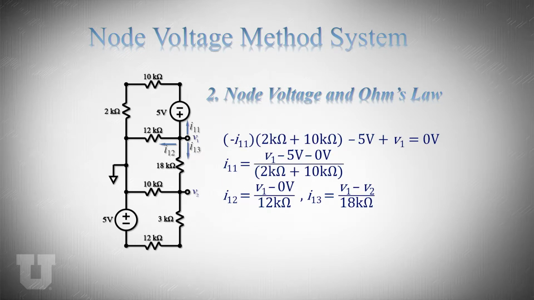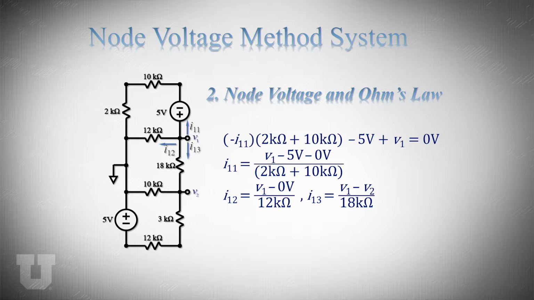Okay, let's find out what I11 is here. This is a little bit of a tricky node because you have a power supply there. If you apply KVL in the top loop, it will be minus I11 multiplied by 2K and 10K ohm resistance, minus 5 volts plus the node voltage V1 equal to 0.